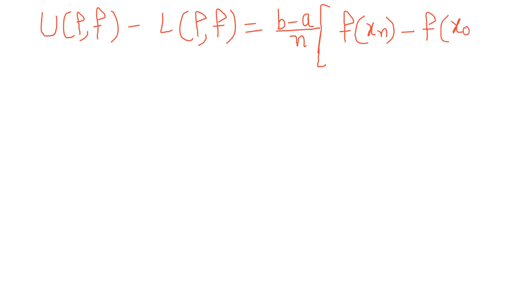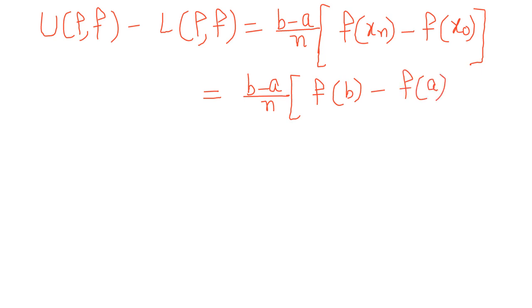All these values will be cancelled, only this will be left here. So it will be b minus a upon n, that is f of b minus f of a. So in this way you can prove this theorem, or you can say question number 1.